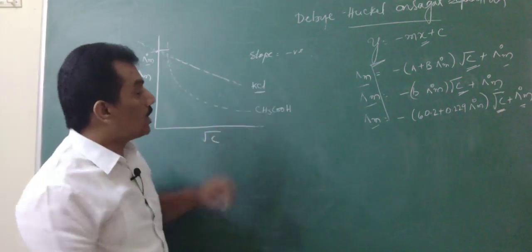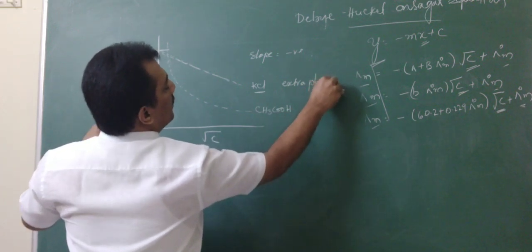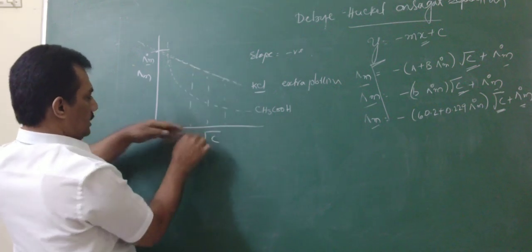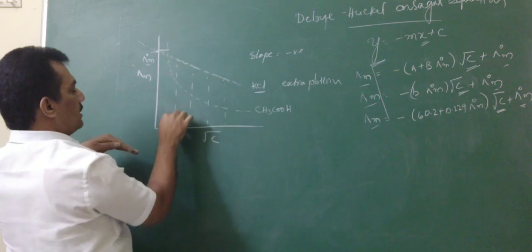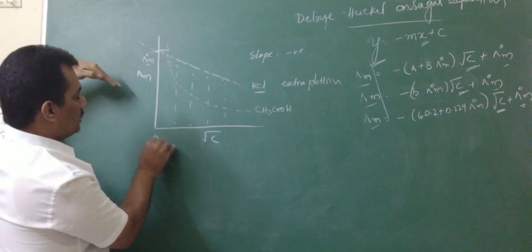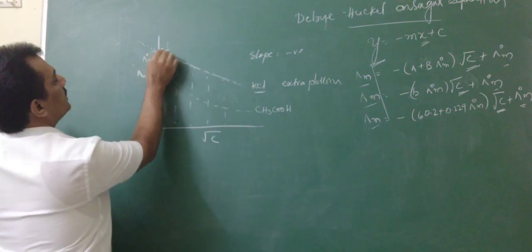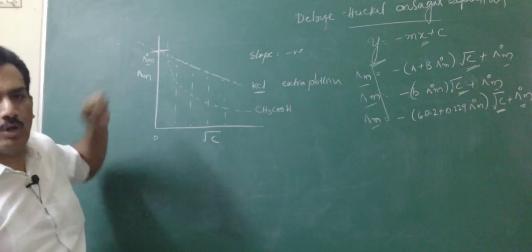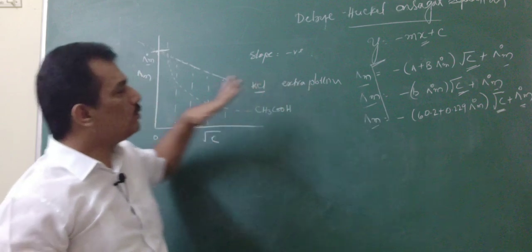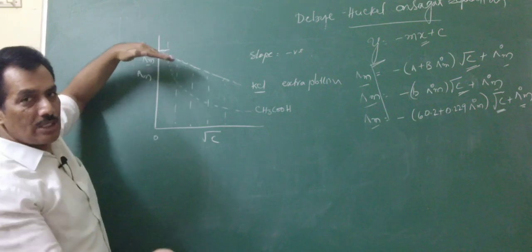With that extrapolating technique, we measure the conductance at different concentrations at sequential intervals, and after that, when we extrapolate to zero concentration, where KCl is supposed to undergo 100% ionization, the conductance is here, that is lambda naught m. So with this Onsager equation we are able to calculate the conductance at infinite dilution with this technique from experimental results.